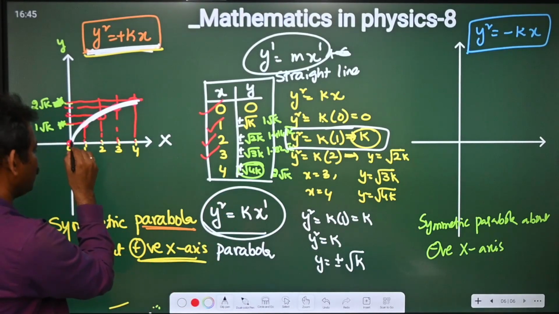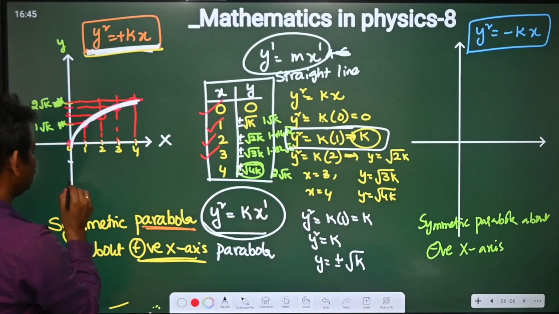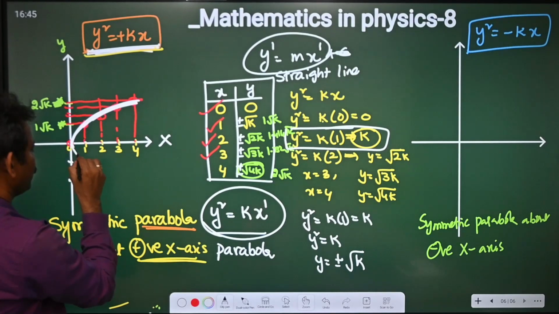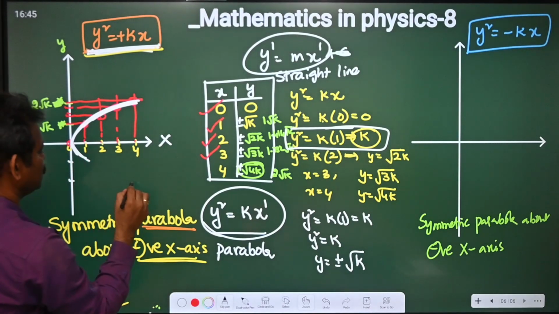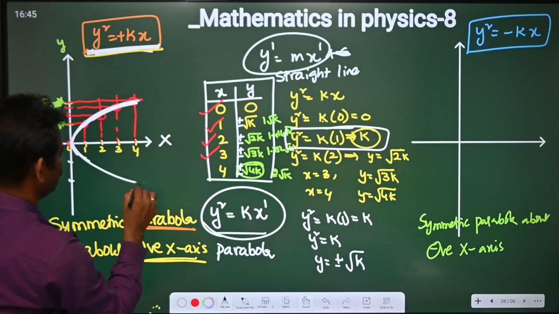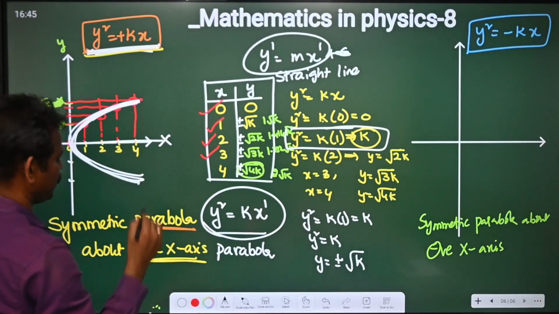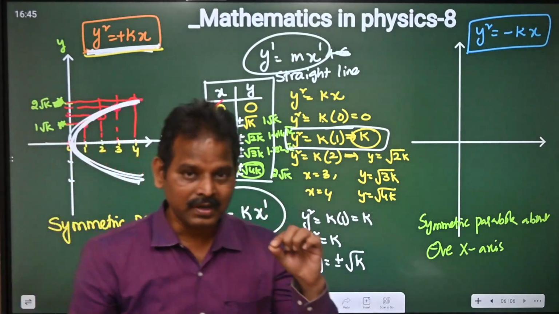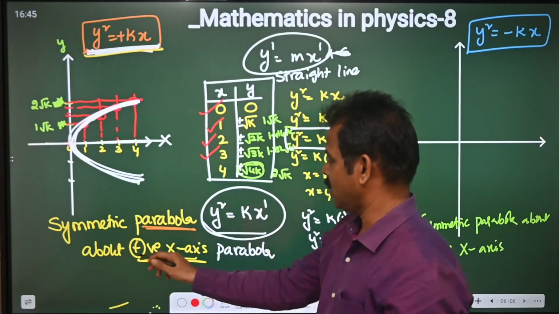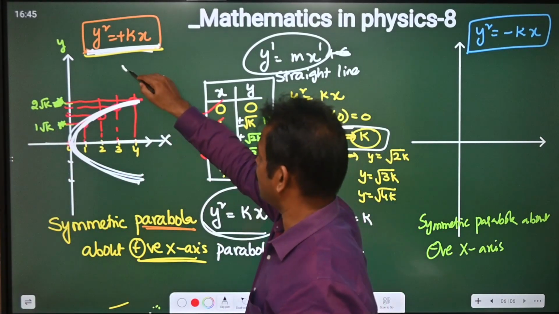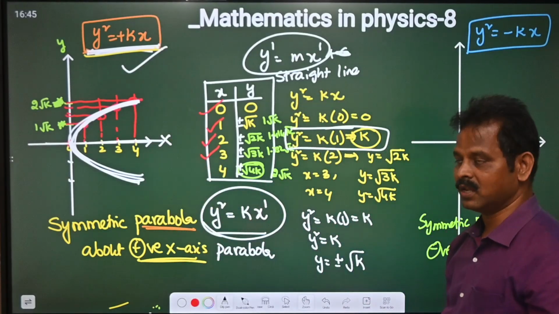For the same x values, you get another set of y values, and you will get a curve like this. That's why it is called a symmetrical parabola about the x-axis, and it is always y square is equal to plus kx.